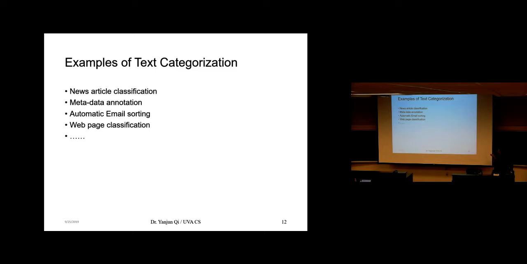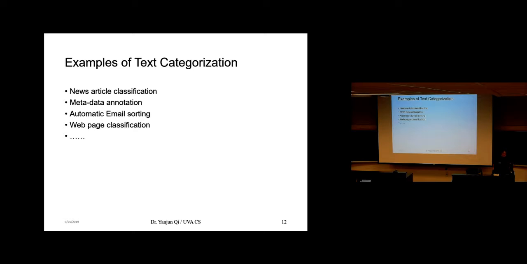It's used for news article classification, metadata annotation, automatic spam email detection. If you think about it, it's more like a binary classification task, but it can also detect spam emails, and if it's not spam, it can be categorized into maybe your schedules, your friends, whatever category you want to have.